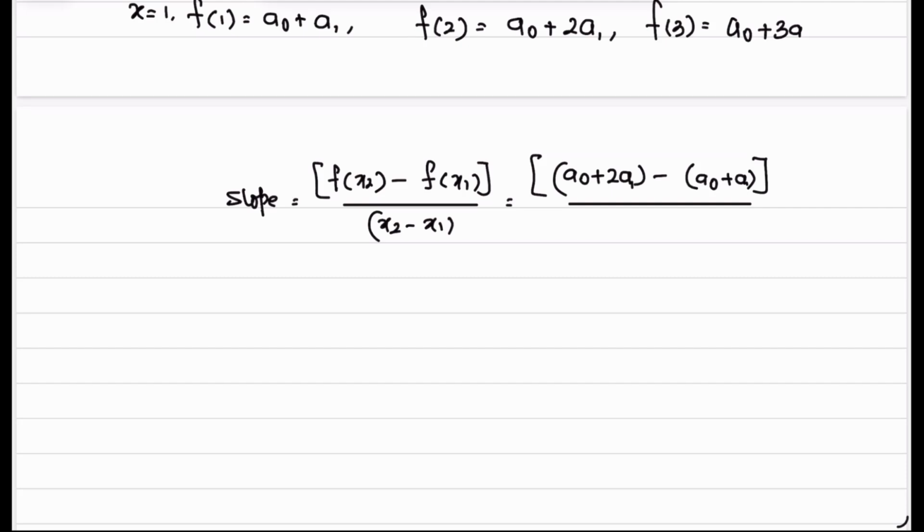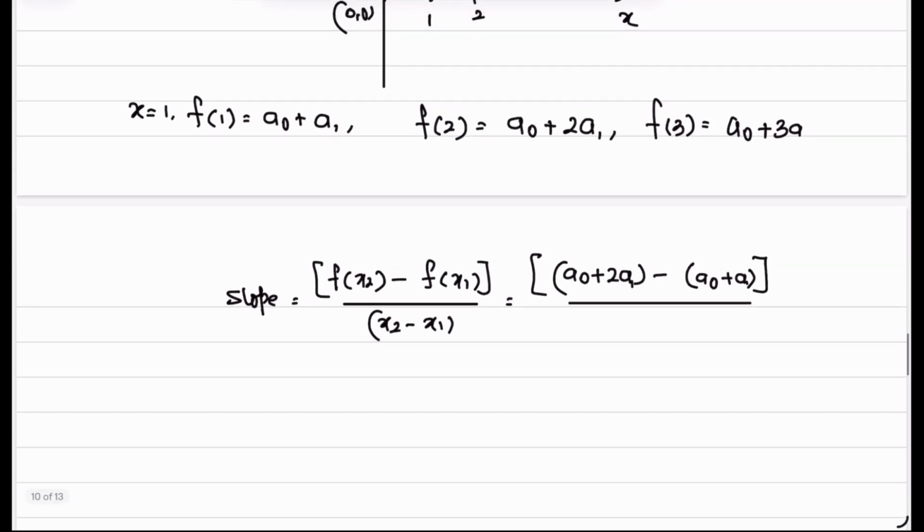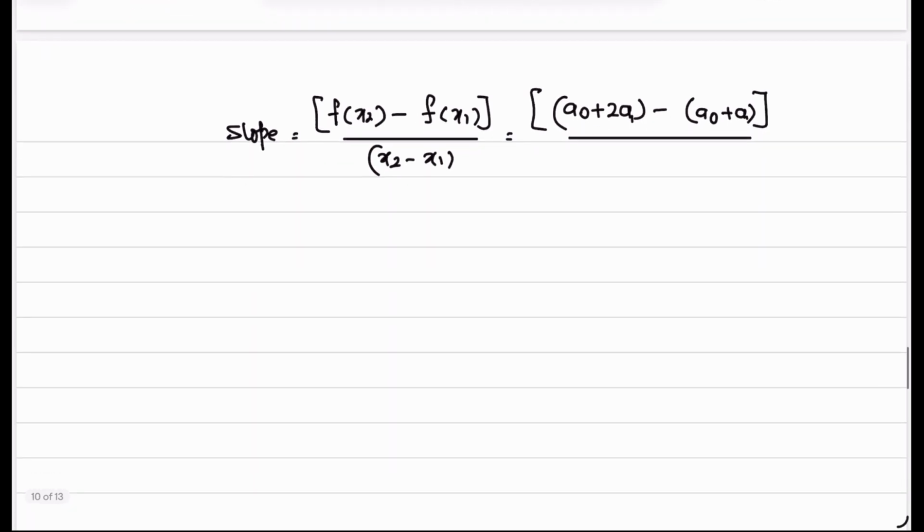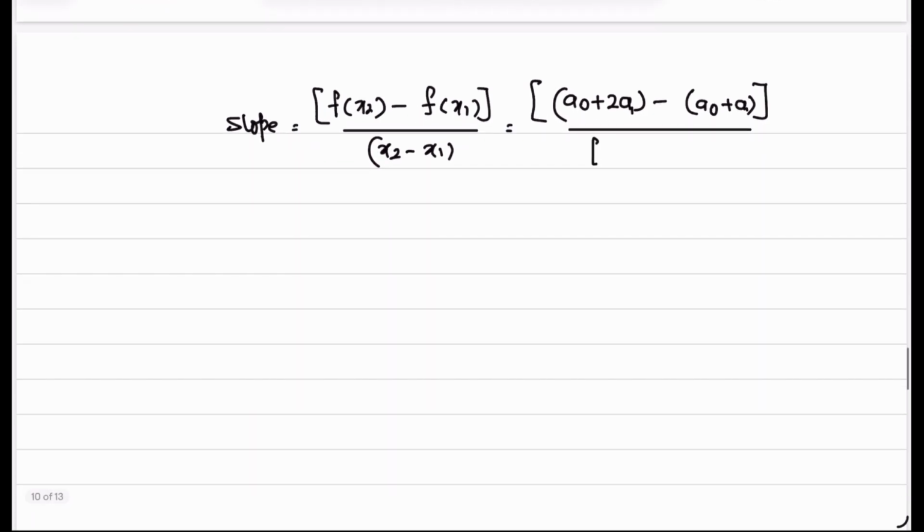As we move along, how to find out the middle point, how to find out the point with m:n ratio. This will be useful in geometry also. x2 minus x1. What is x2? x2 is 2 and x1 is 1. That is 2 minus 1.